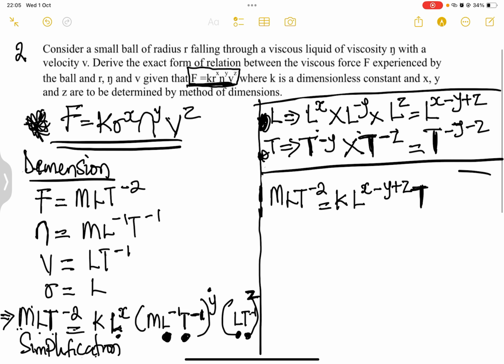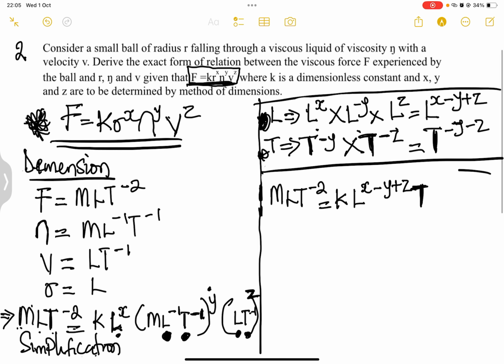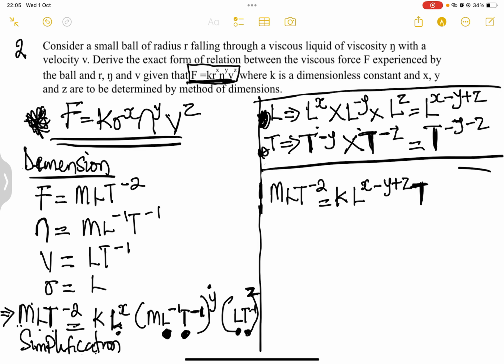Next thing to write is T. T we simplified right here. So T is okay. We can also write M anywhere. Multiplication doesn't matter in arrangement, as well as addition. So let's just do minus Y minus Z. Then we're done with T. Then let's just put our M.